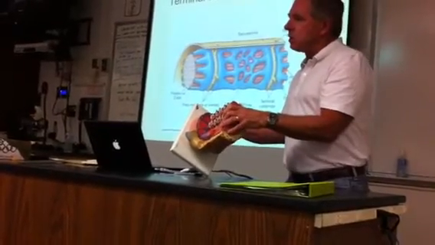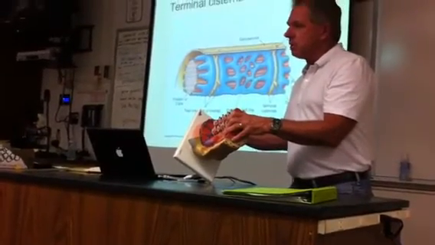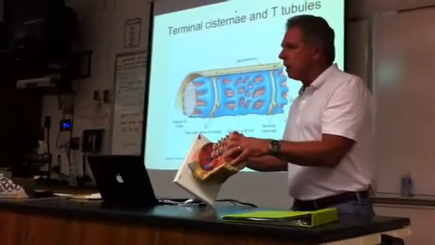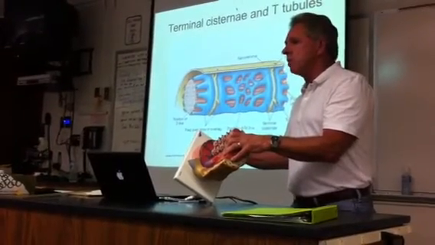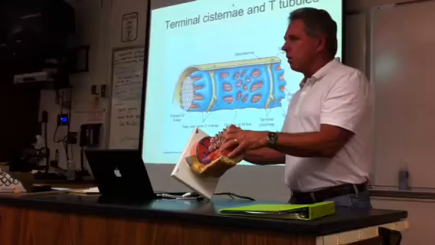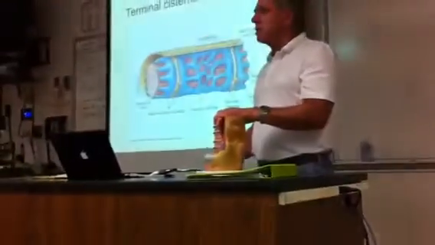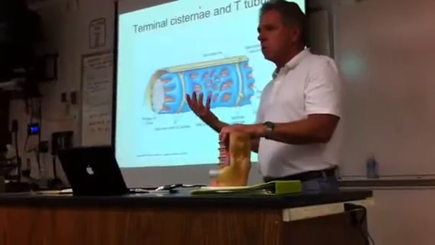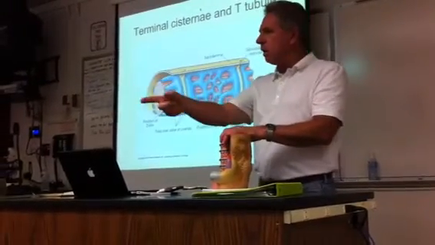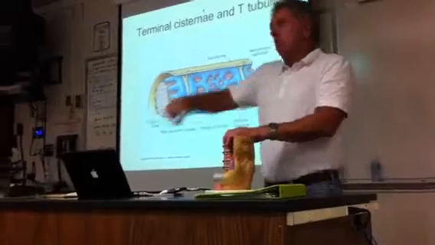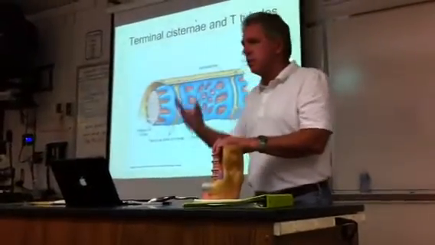But what's the deal with the T-tubules? Well, here's the deal. Why does muscle contract? Because it gets a signal from the nervous system to do it. Well, okay, great, I get it. So if you stimulate a muscle, the whole muscle contracts. I mean, if you stick your finger in an electrical outlet, the whole thing's going to contract, not just your finger.